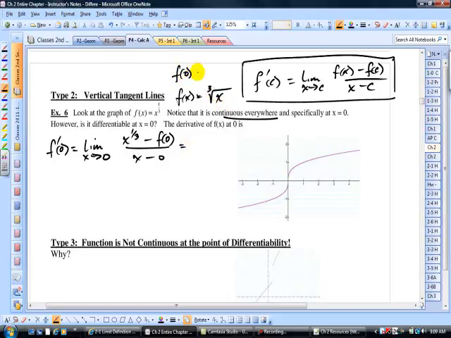So you have x to the 1/3 minus 0, all divided by x. That's equal to x to the 1/3 minus 1, because when you divide like variables, you subtract exponents. That becomes x to the negative 2/3. Let's write that as a fraction, 1 divided by x to the 2/3 power.